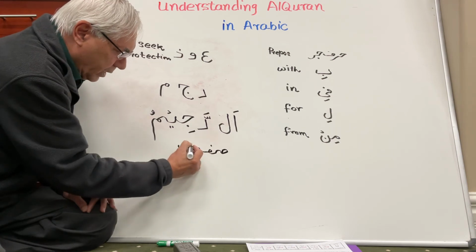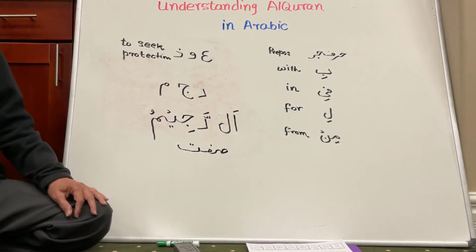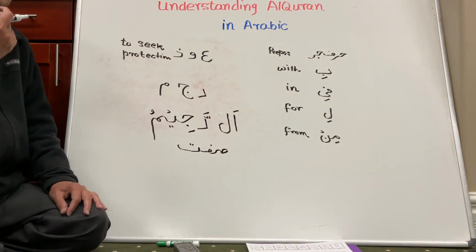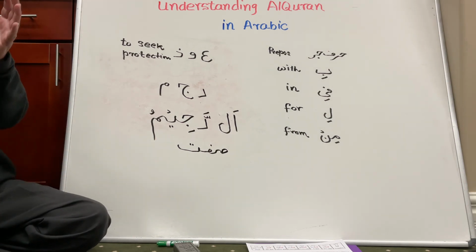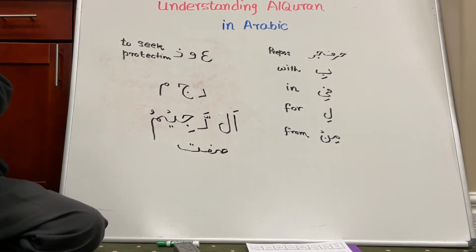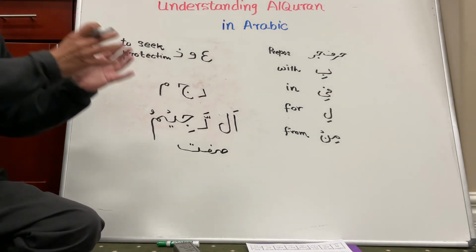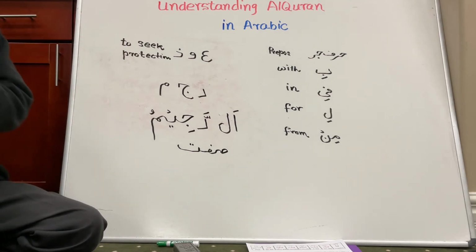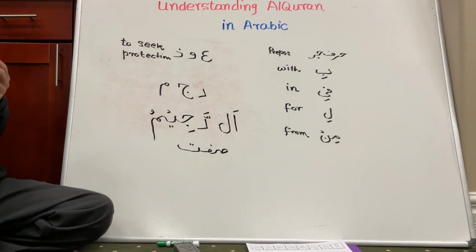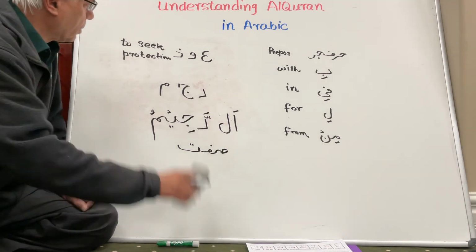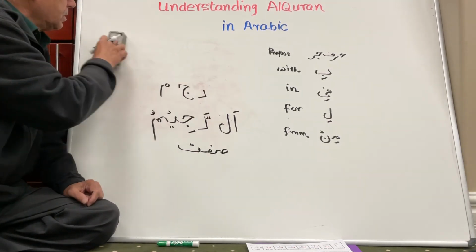Sifat means quality or attribute. Okay. What is sifat? What is attribute? If a woman is beautiful or if a man is handsome, okay, so let's just write down for the purpose.